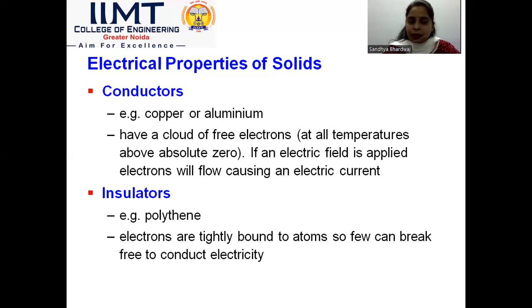In this, electrons are tightly bound to atoms, so few can break free to conduct electricity. In terms of chemistry, we can also say that the nucleus and the orbit have trivalent or tetravalent atoms, which are tightly bound, so they cannot break free to conduct electricity.